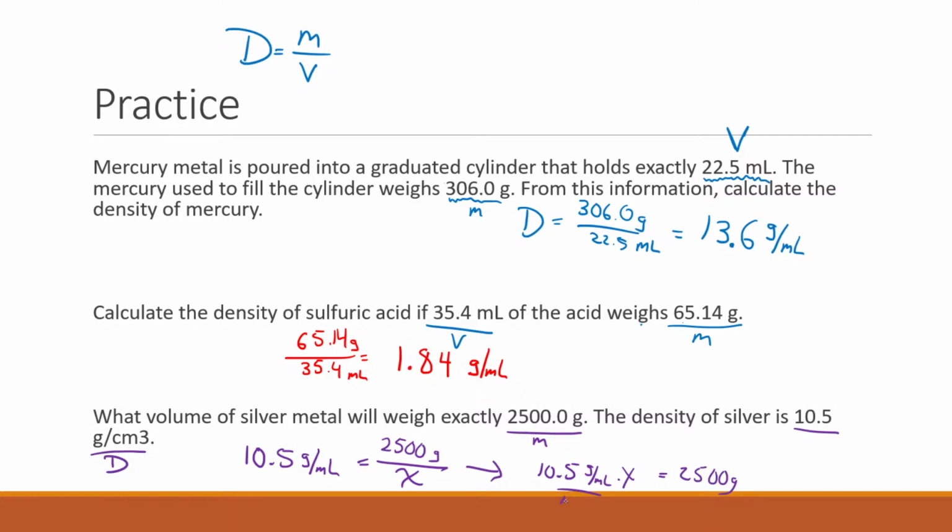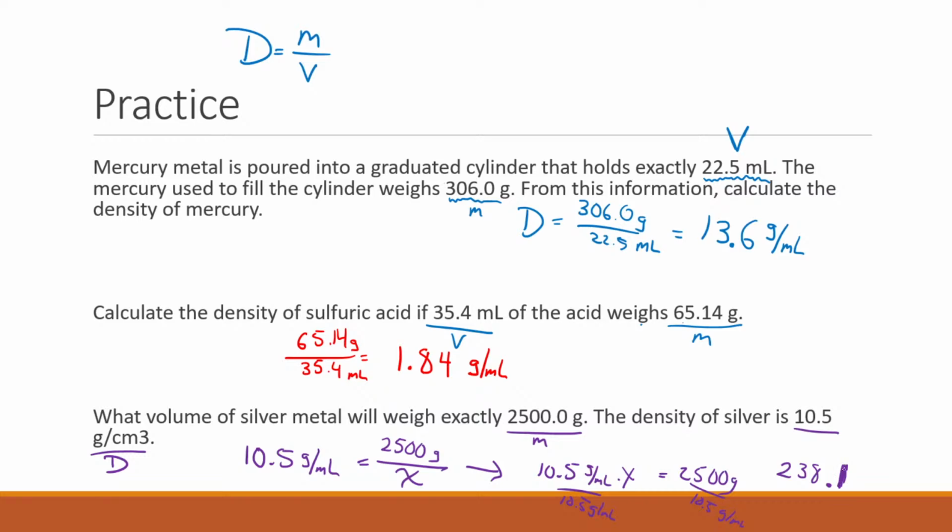Divide both sides by our 10.5 grams per milliliter, and end up with 238.1 when we do our rounding.